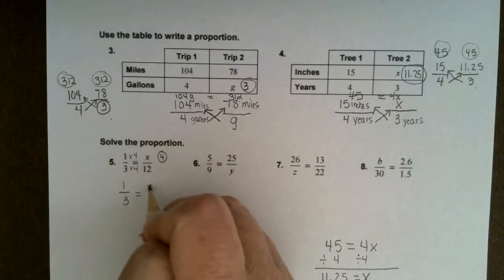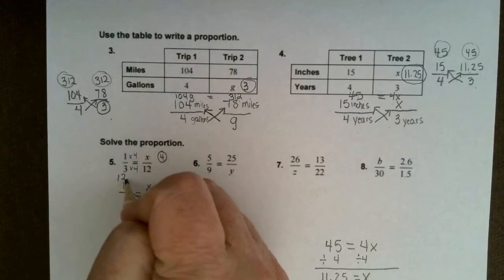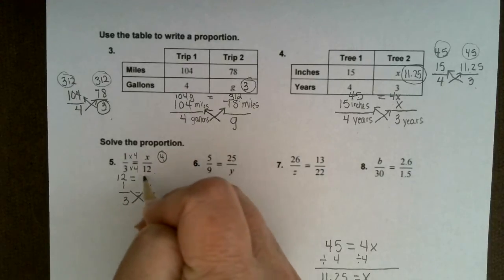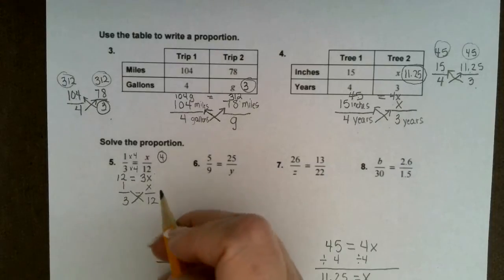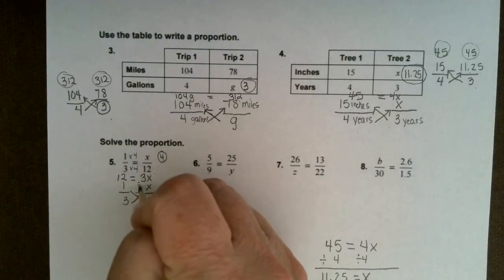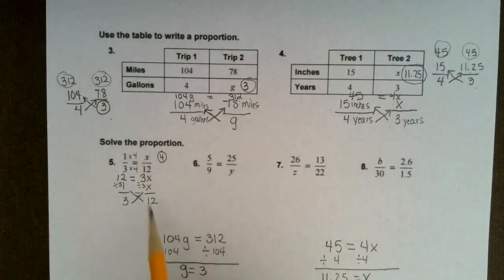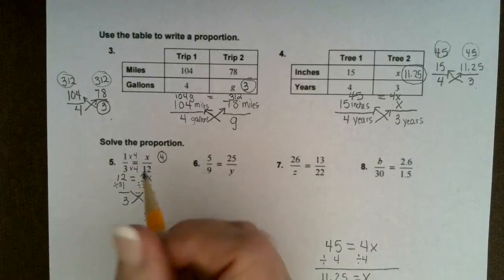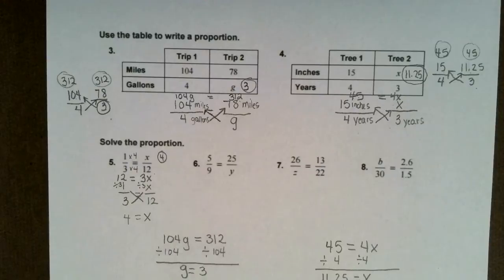So you have 1/3 and x over 12. 1 times 12 is 12. 3 times x is 3x. And then to get the answer, we're just dividing both sides by 3 because we want 1x. And 3 divided by 3 leaves me with just an x. And 12 divided by 3 leaves me with 4.